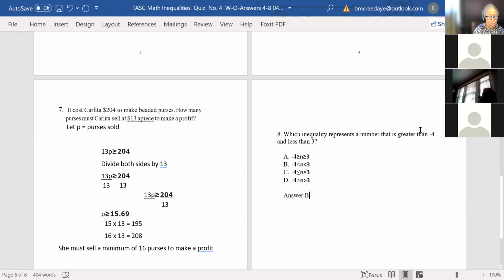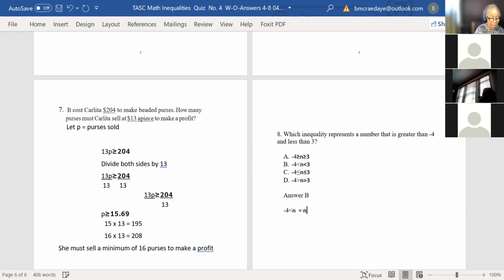A number that is greater than -4. Now, when you say -4 less than n, let's just copy this. -4 less than n is the same as saying n is greater than -4.